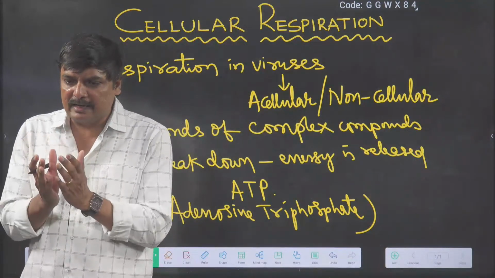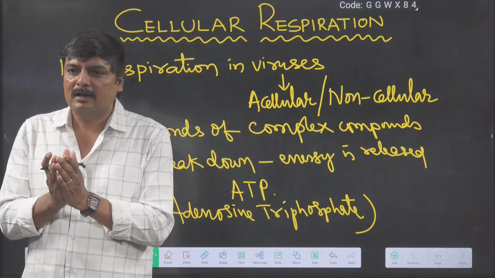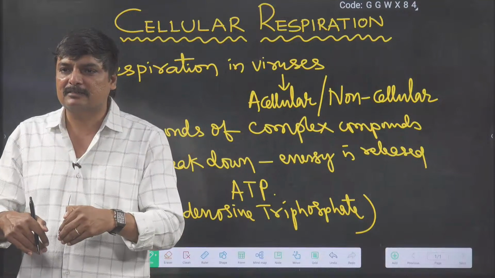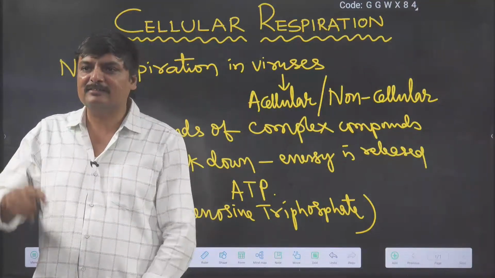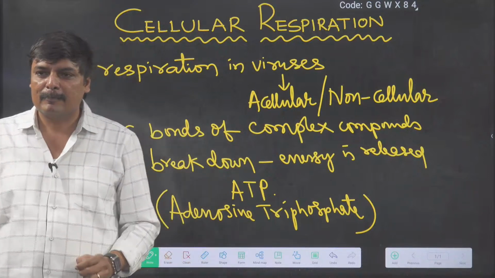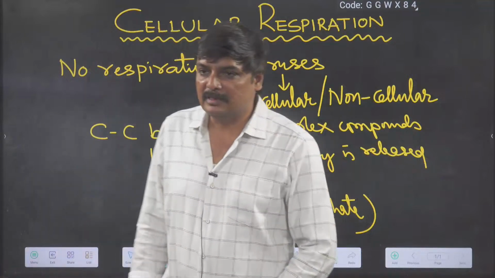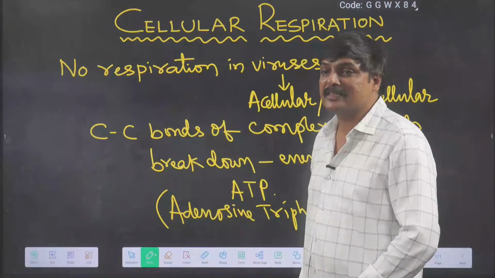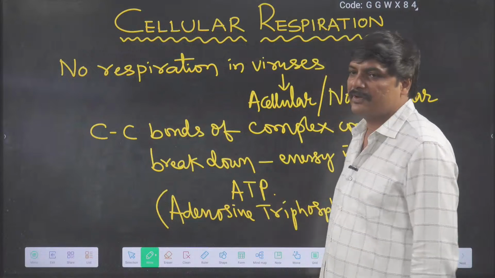So we can simply say that during cellular respiration, oxidation of food materials takes place within the cells to release energy, and this energy is utilized for the synthesis of ATP. ATP means adenosine triphosphate.